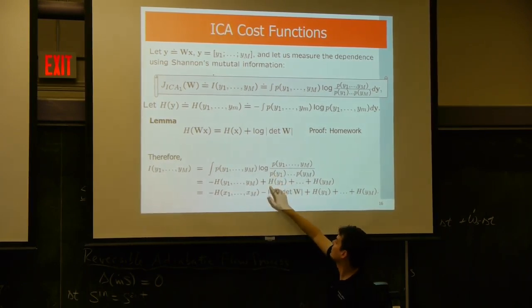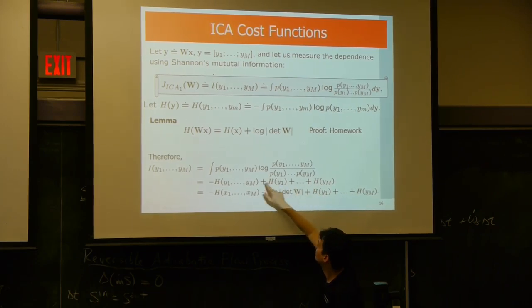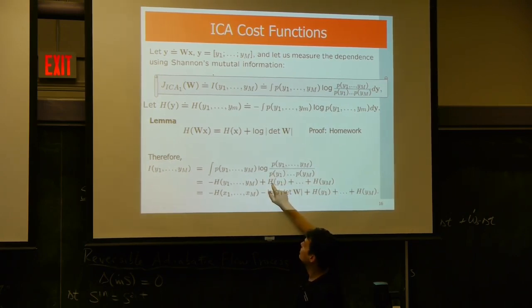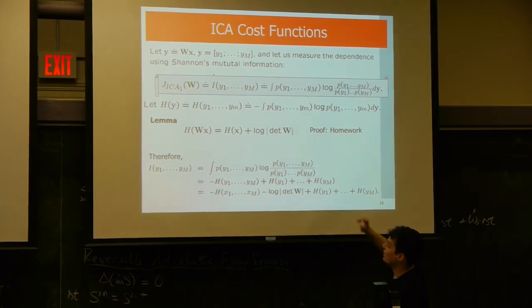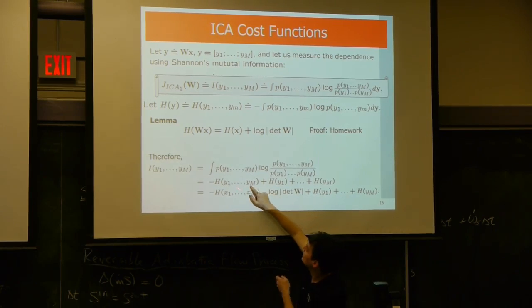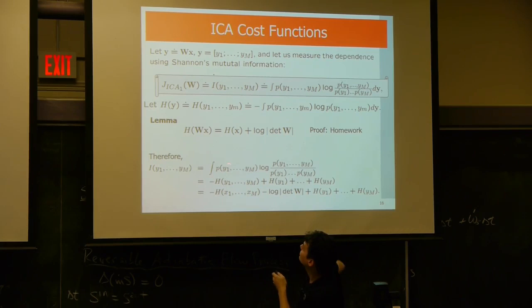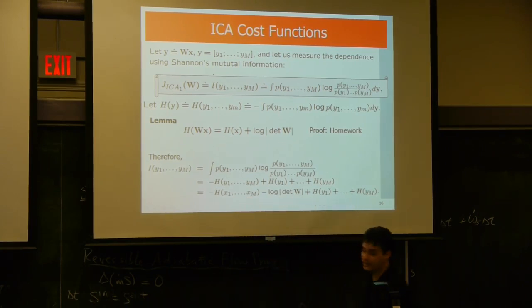Because of the logarithm they are additive, and the integral of the joint distribution p times log 1 over the marginal distribution will be the entropies of the marginals. And now we can use this lemma: the entropy of y1 to ym, so this is y, is just the entropy of x plus the logarithm of the determinant of w. So I plug this in here, and I get this.